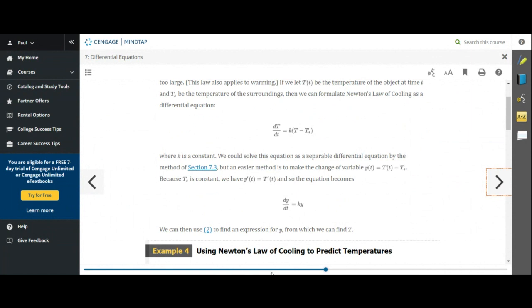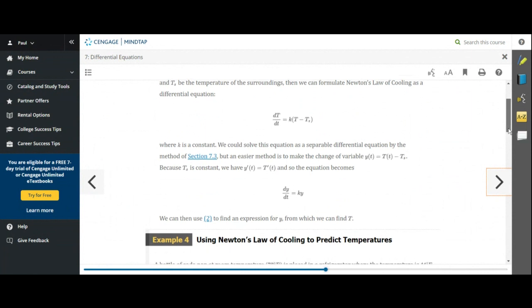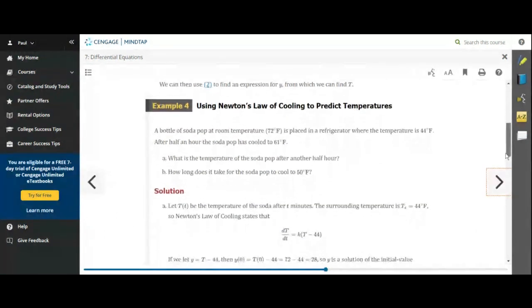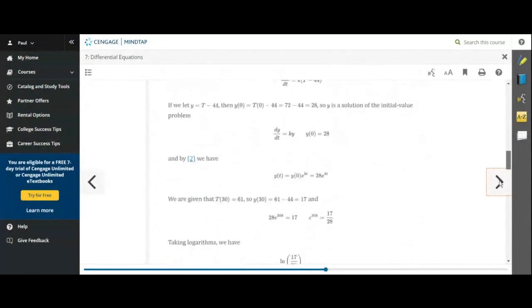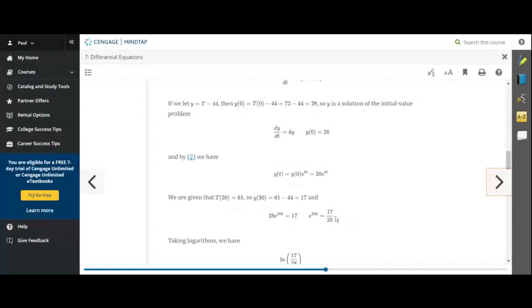But if you do a substitution where you let T minus Ts, and Ts is a constant, equal y, then since y prime of t is T prime of t, you'll get dy/dt equals k times y. Newton's law of cooling, they have a nice example, and you can look through that.